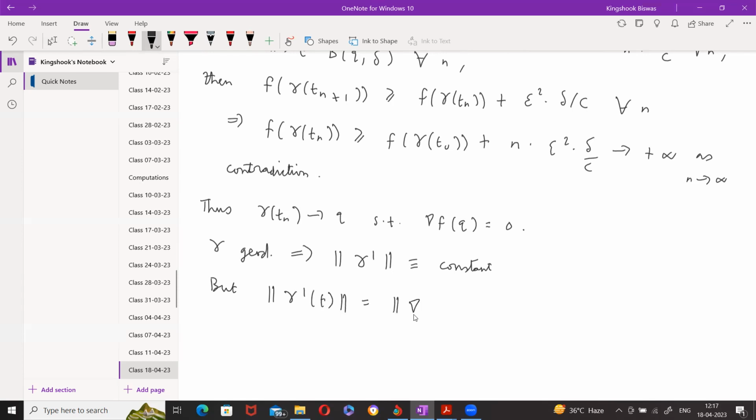This is norm of grad f of gamma t. So if I look at my sequence of times Tn, along this sequence of times, this converges to norm of grad f at Q, which is 0, right? So that implies that norm gamma prime t is 0 for all t because it's constant, right?